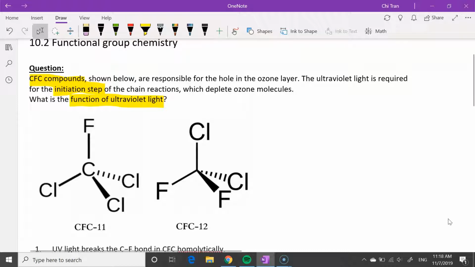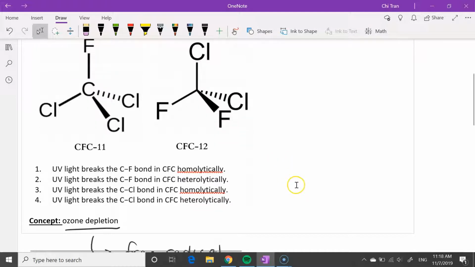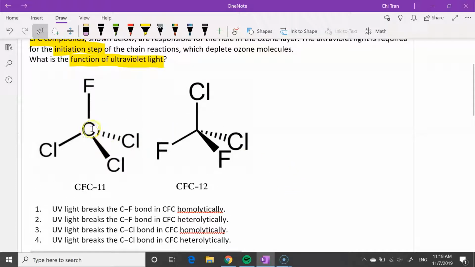So if we were to go back to the question, we know that it tells us that it occurs in the initiation step. It involves ultraviolet light, so we're looking at the bond between carbon and chlorine. And we know that it will produce a free radical.